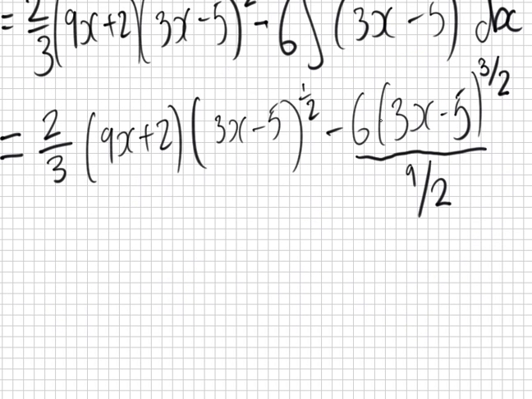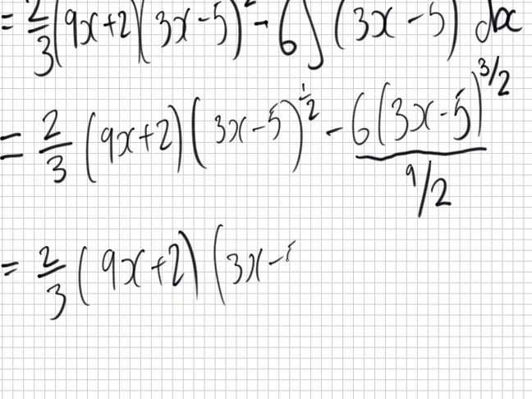Which we should bring the 2 up here to make 12 over 9. But 12 over 9 is 4 over 3, isn't it? So we can clean that up to 4 over 3.